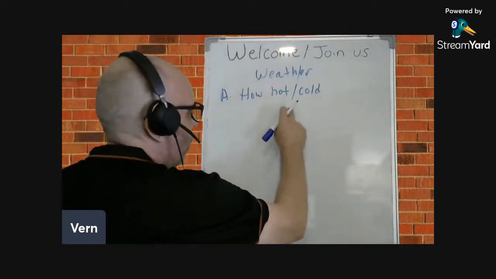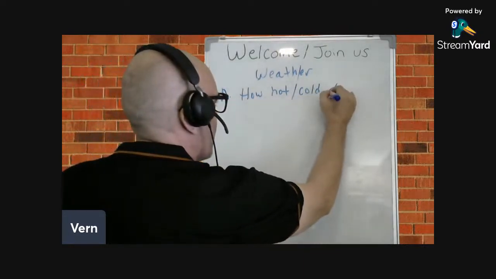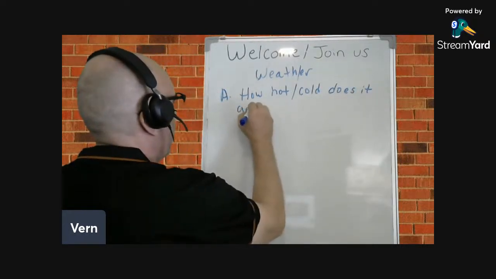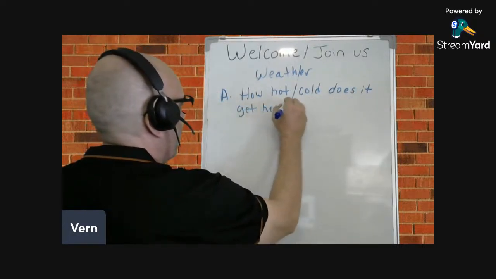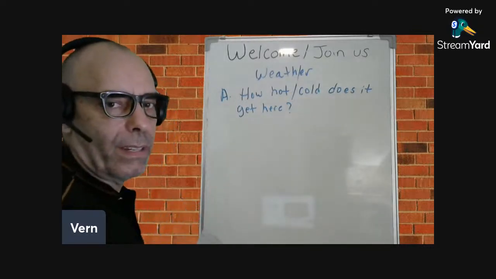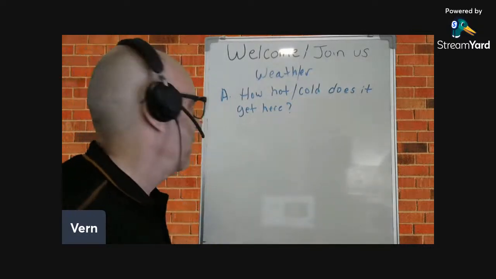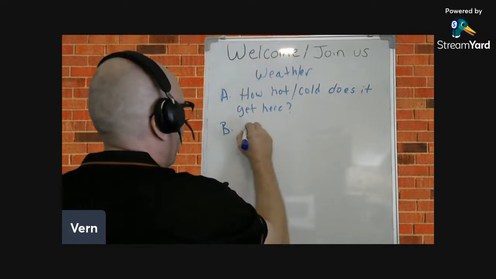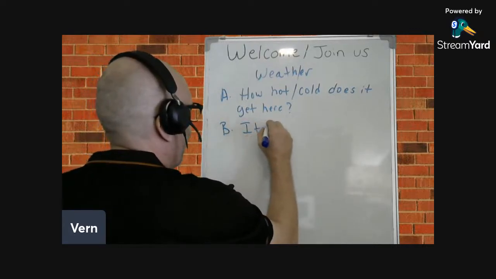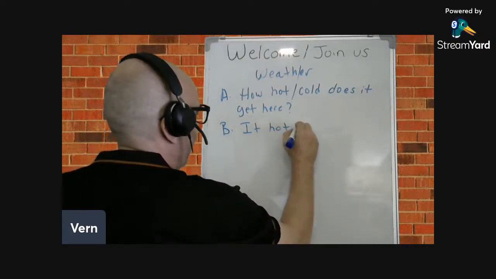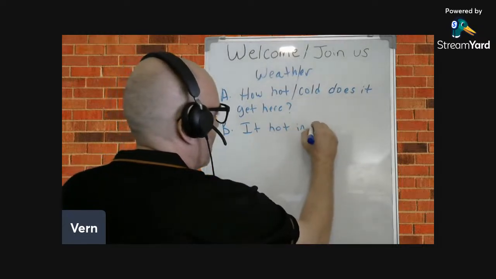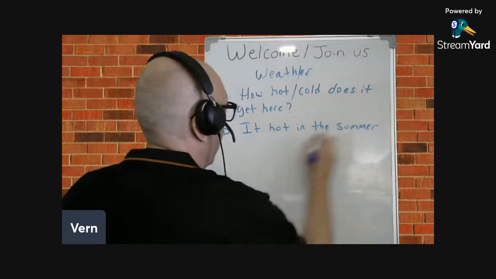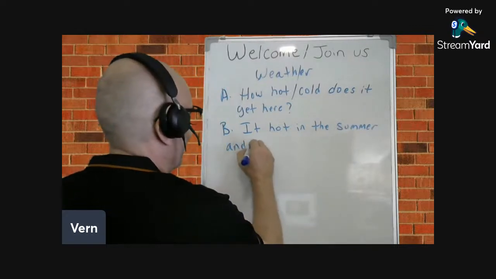How hot or cold does it get here? All right, you're in a new place and you want to know what's the weather like? And B could reply and say, it is hot in the summer and cold in the winter.